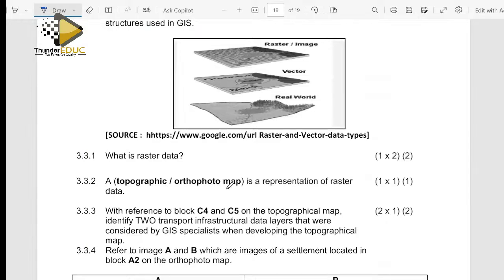What is raster data? According to our sets of data, we have raster and vector data. Raster data is data which is stored in grid cells or in pixels.